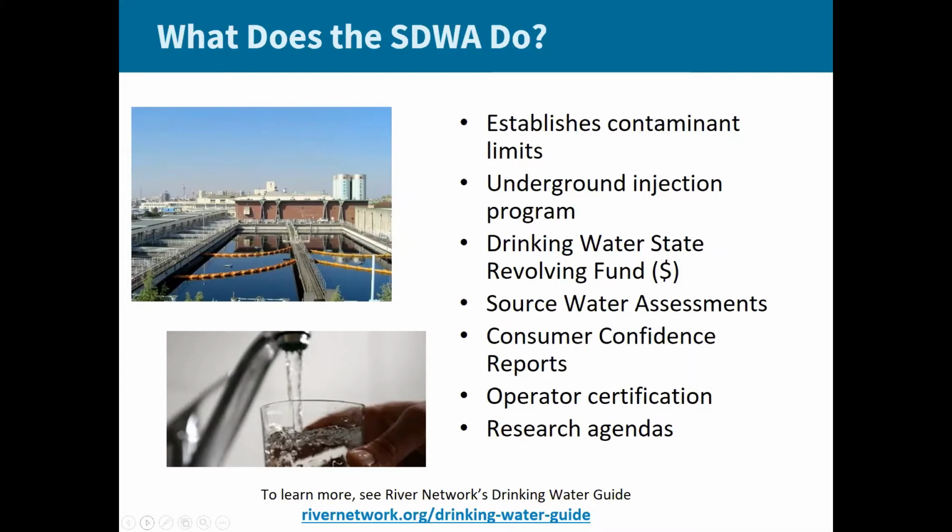It requires source water assessments, which is covered in Section 1 of our guide. It requires water utilities to create consumer confidence reports for their customers explaining any violations that occur. And it also provides drinking water operators certification guidelines and research agendas. You can find the details of all of these in the guide. We'll focus more here on the process for setting drinking water standards.